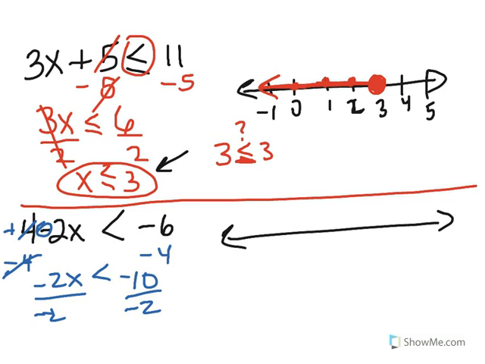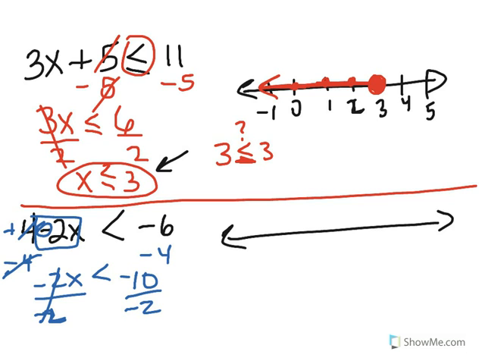Divide by negative 2. And in a later time, we're going to go through the why of this. Right now, I'm just going to tell you how. Anytime you divide by a negative number or multiply by a negative number somewhere in the process of solving, so essentially, is there a negative number attached to the x?